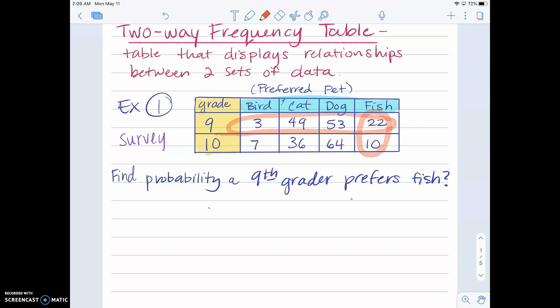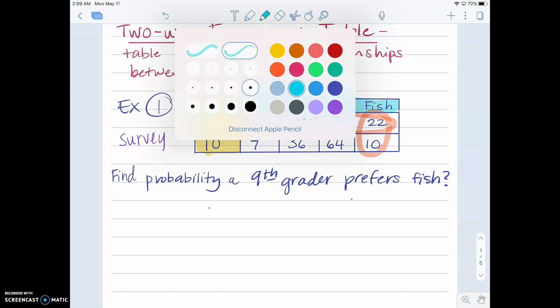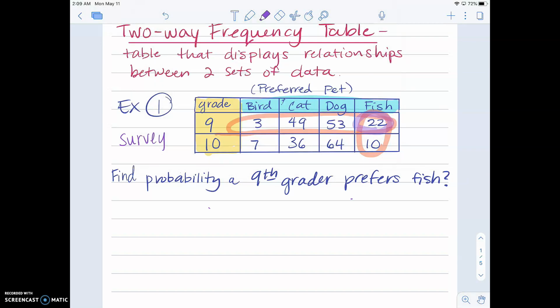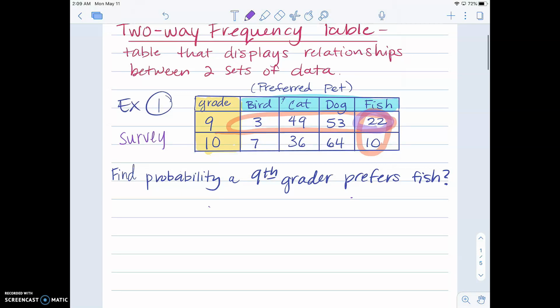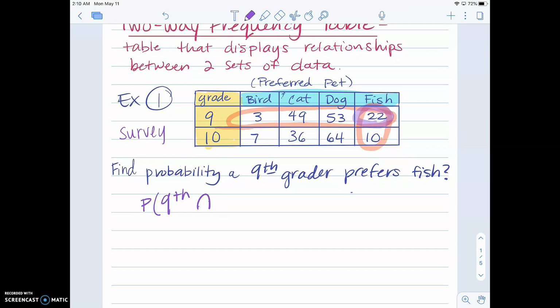You see how they're overlapping right here. So this 22 is the number of 9th graders who like fish. So what we're really finding is how many are 9th graders and like fish.